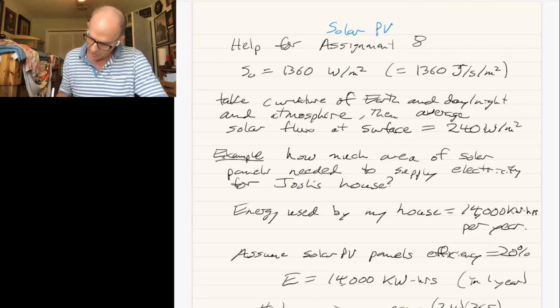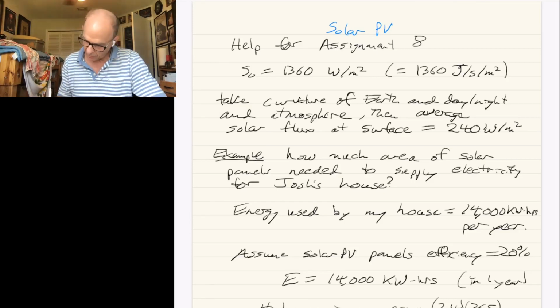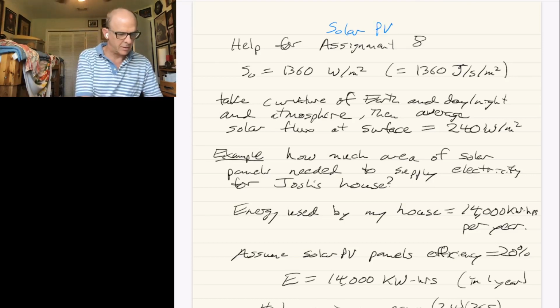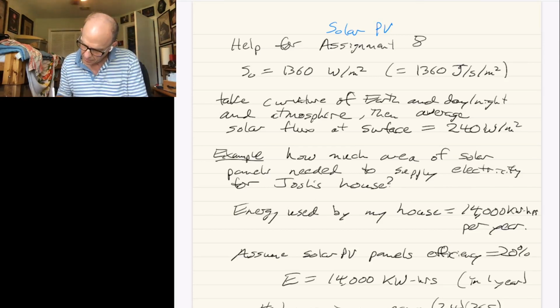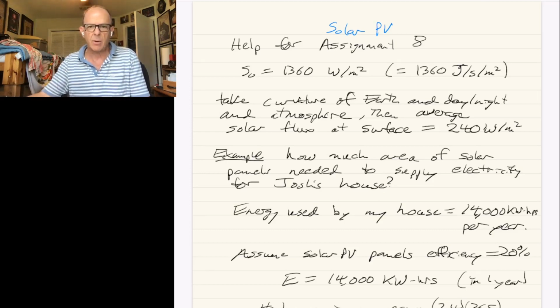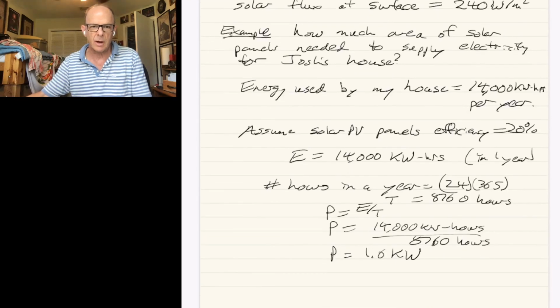Remember that power is energy over time, so the power that this system needs to provide is 14,000 kilowatt hours divided by 8,760 hours, and that is 1.6 kilowatts. 14,000 kilowatt hours divided by 8,760 hours gives me an average power that I need to be producing of 1.6 kilowatts.